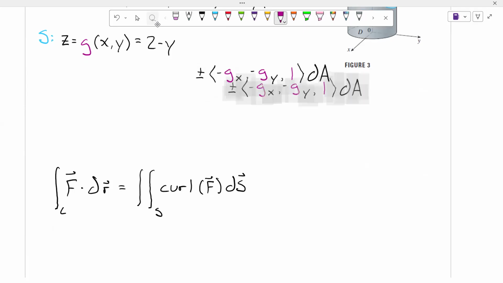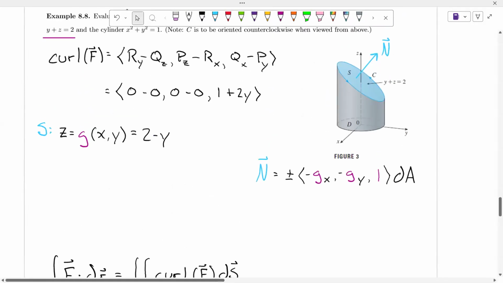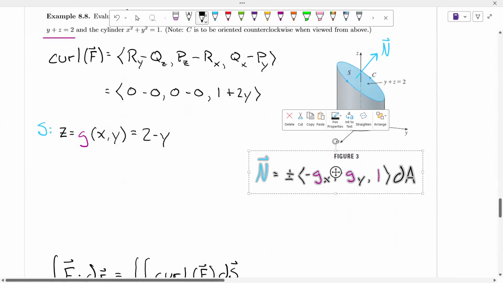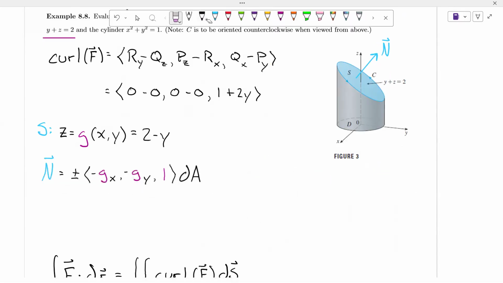Right, this is what n should be. Our vector n should be plus or minus negative g partial x, negative g partial y, positive 1. And actually, let me bring you back over here because I'll have more space this way.